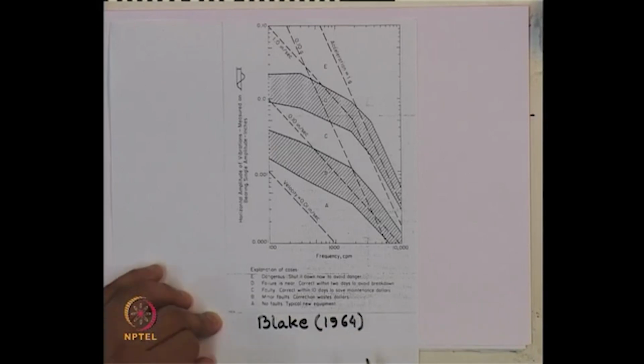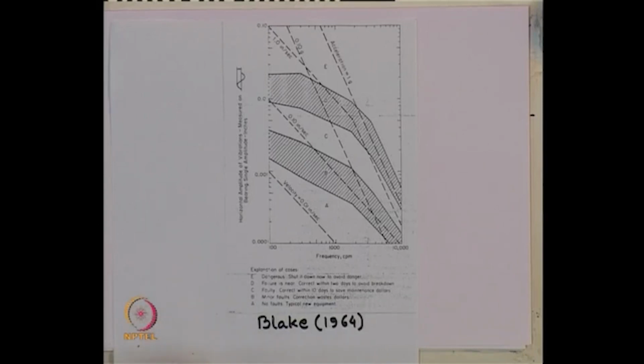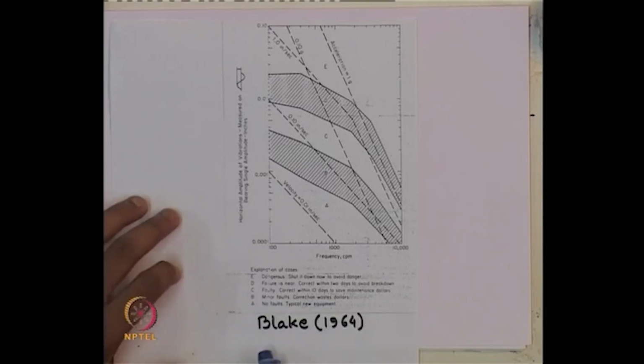This chart is valid for horizontal mode of vibration. So, you can note down this chart is useful for the same purpose for which Richard's chart is used for vertical mode of vibration. Here also it is used for horizontal mode of vibration.